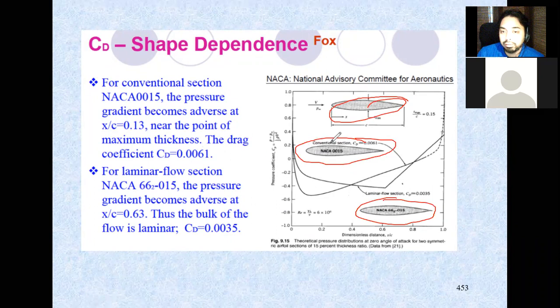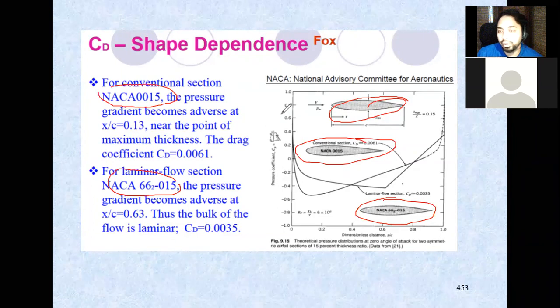They did extensive experiments, and then they named, for example, NACA 0015 or NACA 662015. Those are the names of some of the airfoil profiles. And then they plot the drag coefficient for this particular airfoil shape.